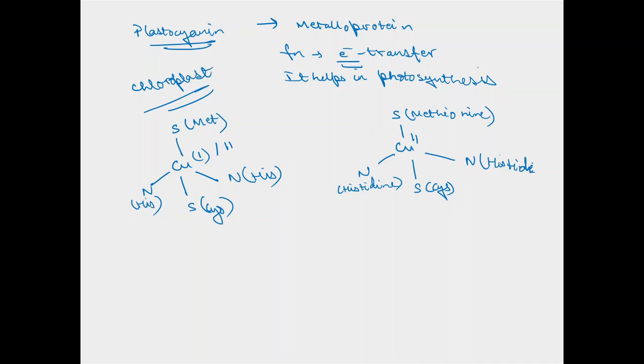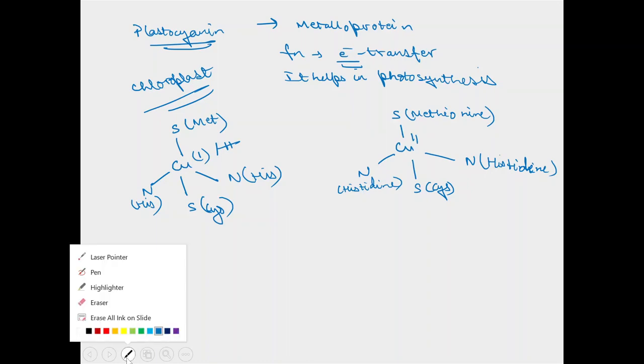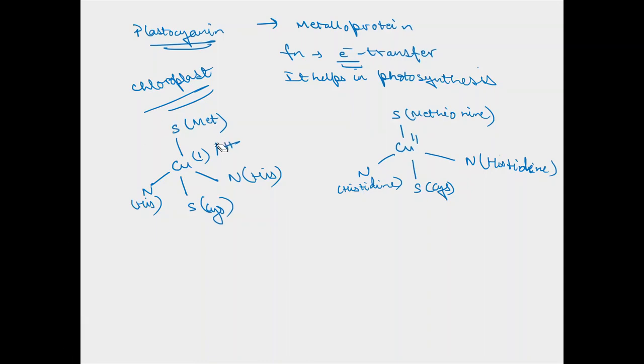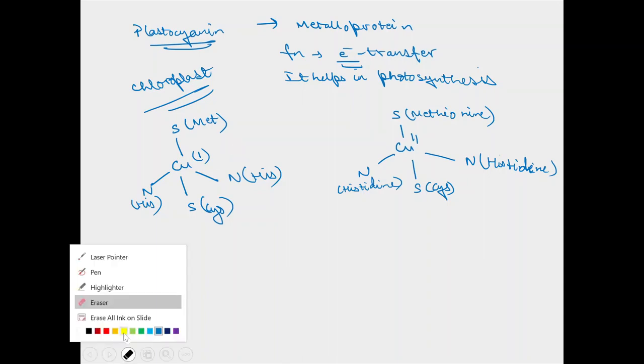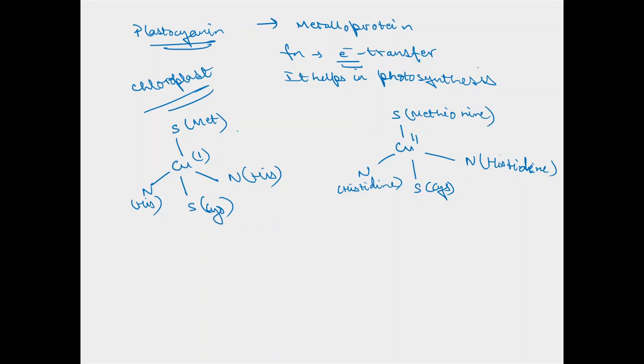So we can write here that this is the reduced form and this is the oxidized form. It helps in one electron transfer.